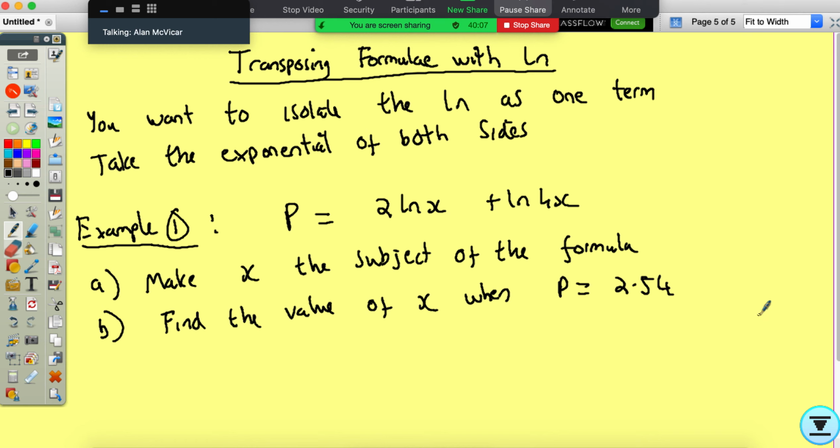Now, this isn't a formula for anything, but there's loads of formulas out there which have ln in them. They're just a bit too complicated to do for our first couple of examples. Let me just get one up.